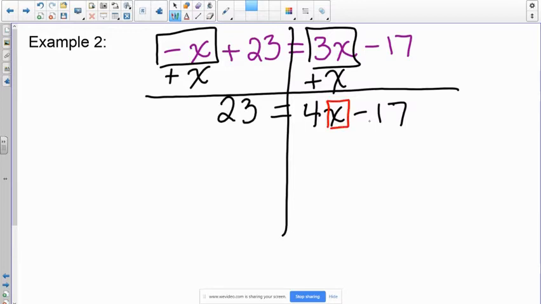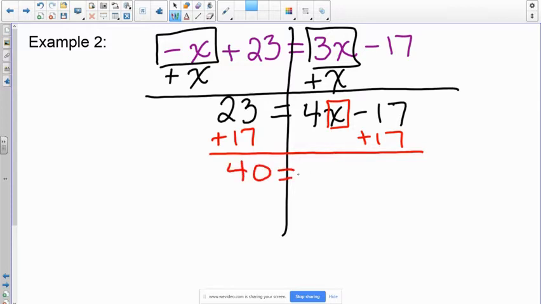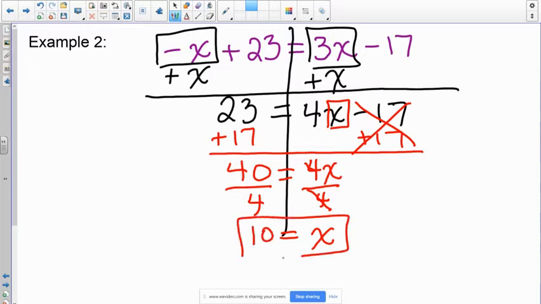So I'm going to get rid of the subtracting 17 first by adding 17 to both sides. 23 plus 17 is 40, still equivalent to the 4x, and this canceled out. And now I'm going to divide by 4, because 4 divided by 4 is the 1x I'm looking for. And I'm going to go back up here, and 40 divided by 4 is 10. So my final answer is x is equivalent to 10.